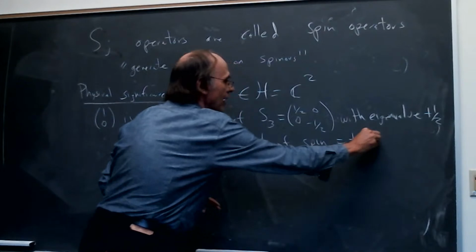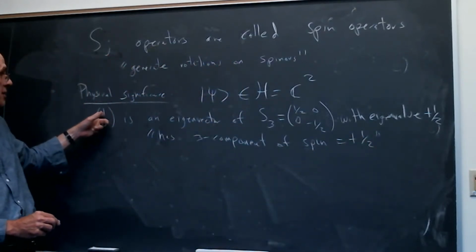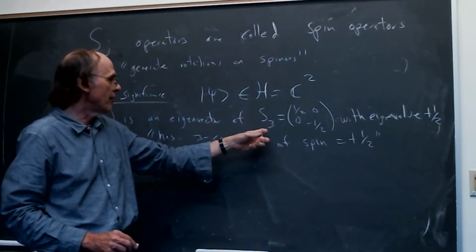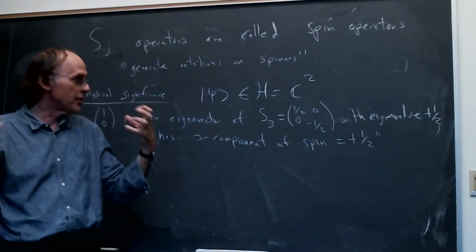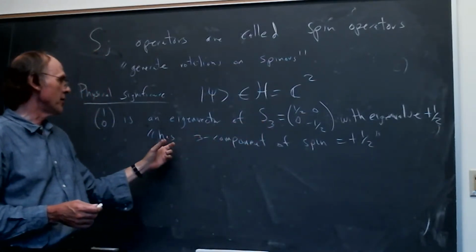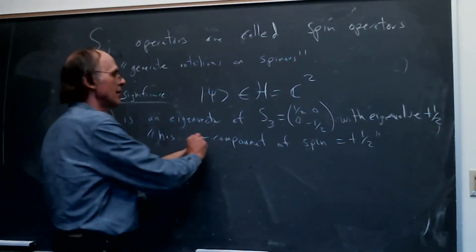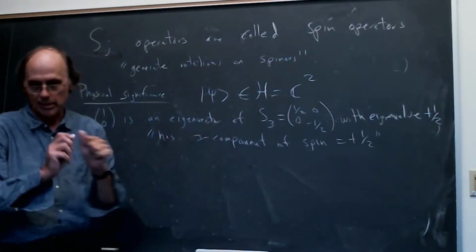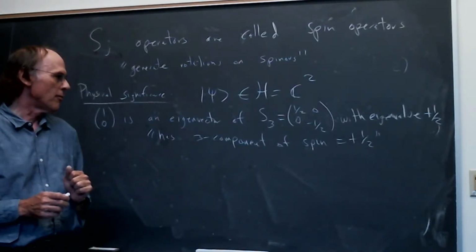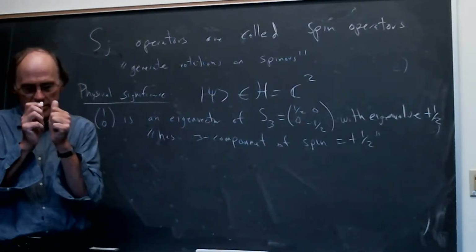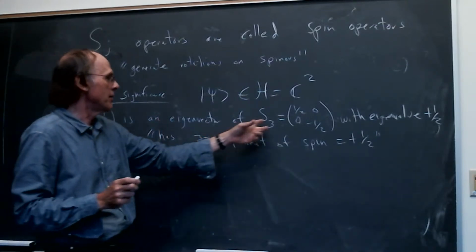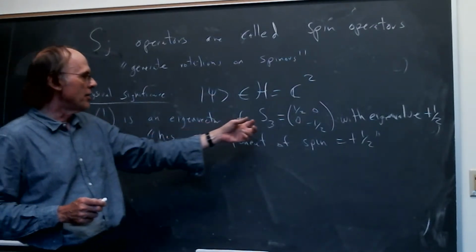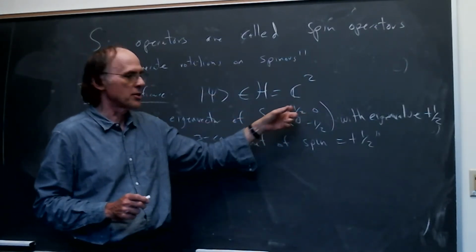This state is going to be an example of a state which has a well-defined value of the observable corresponding to S3, and we say it's the three component of the spin. We think of these guys as being three components of a spin operator, a vector with three components, and an example of a state that has a well-defined number associated to it is the eigenvector, which is this guy.